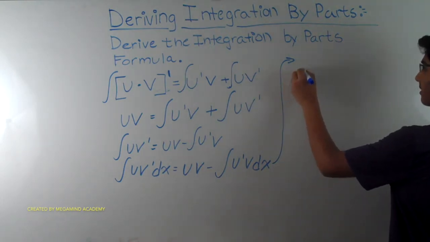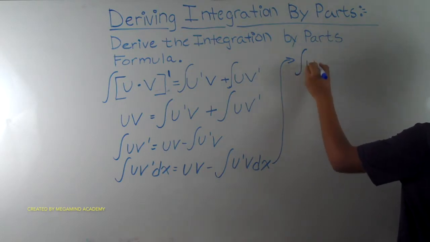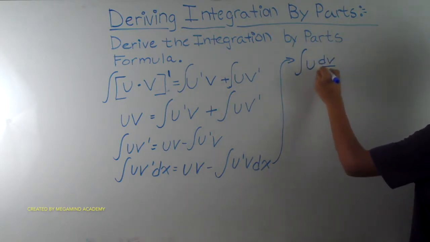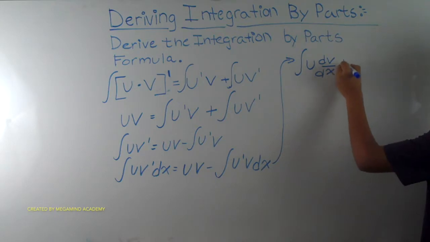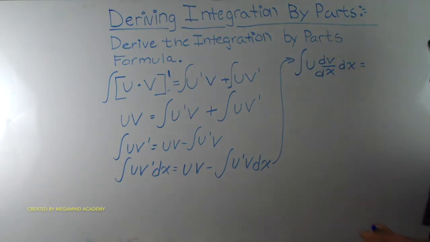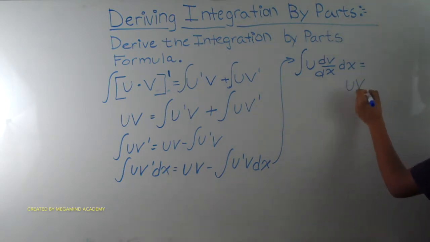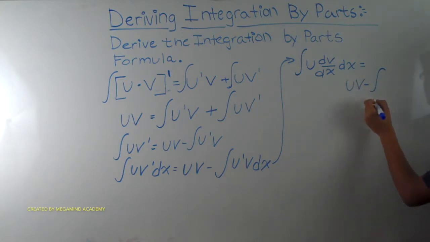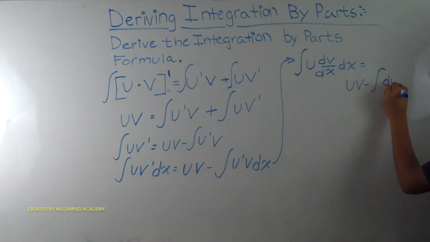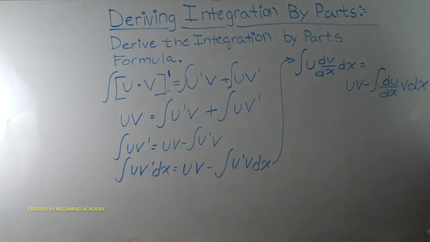So we get the integral of u times dv/dx times dx is equal to, there's less space, so I'm going to write it down here, u times v minus the integral of du/dx times v times dx. So take a moment to see how we got there.